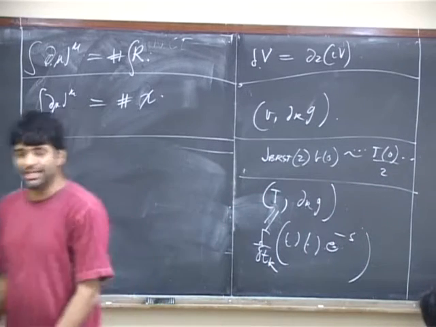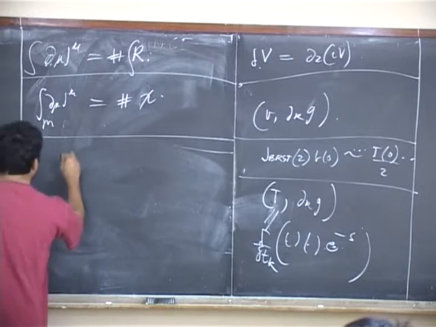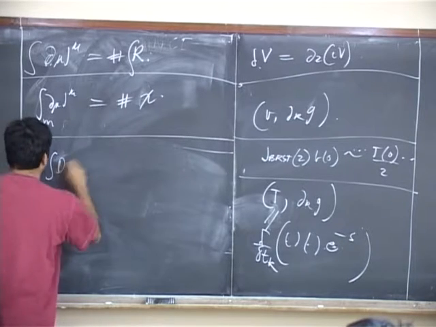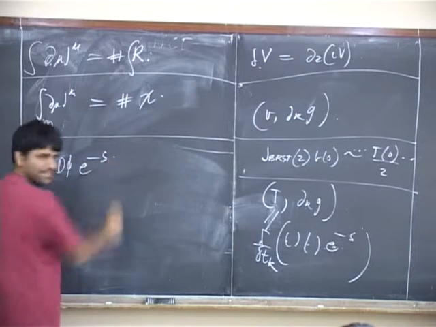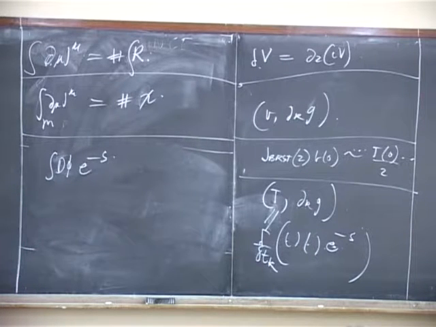Now, let's remind ourselves what the definition of the current corresponding to a symmetry was. What we did was to take any action, so we had some path integral over d phi with e to the minus S, and we said, well, suppose we have a symmetry.